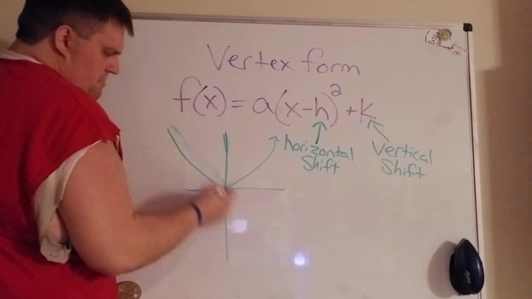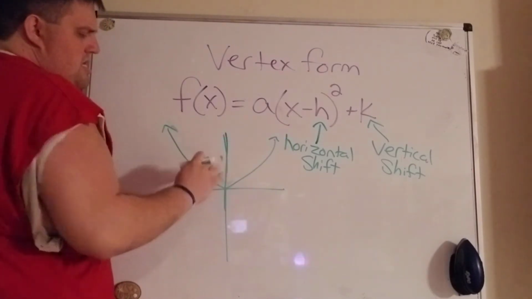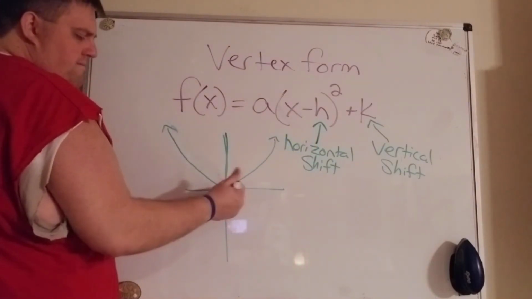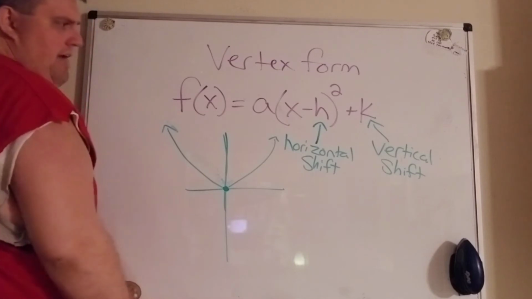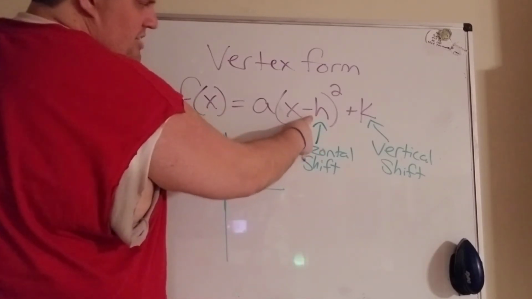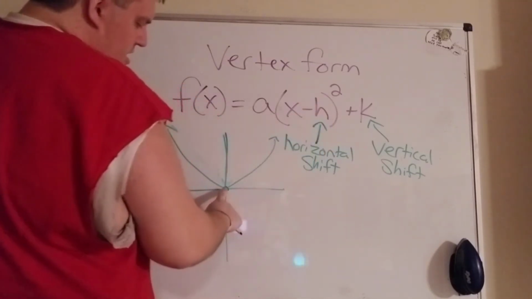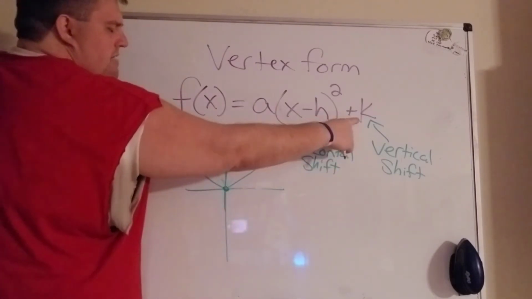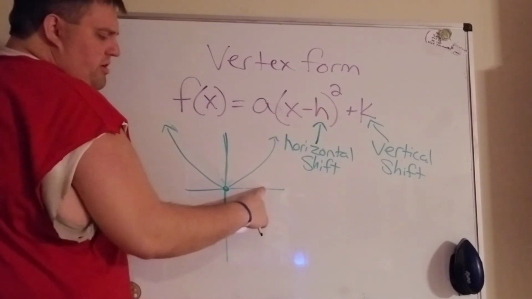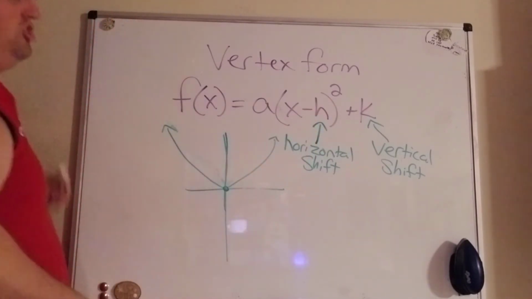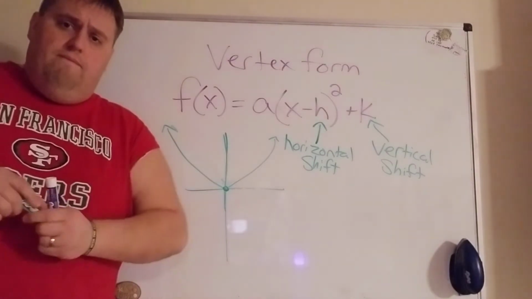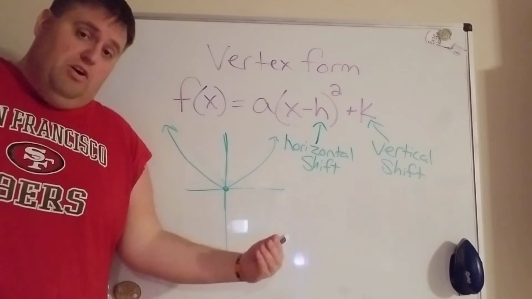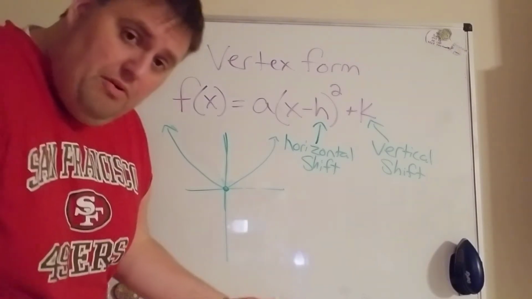All right, so here's my parabola. These numbers are basically just going to change where my vertex here is located at. So if my whole function gets shifted to the right 4, my vertex will also get shifted to the right 4. And if my whole function gets shifted up 2, my vertex also gets shifted up 2. So vertex form is going to tell us basically with the shifts where the vertex is. That's why it's actually very helpful.